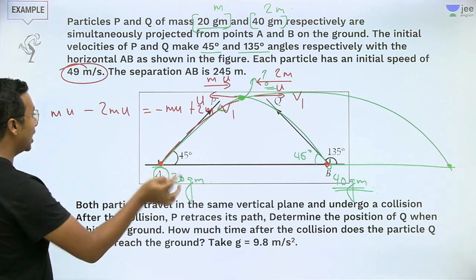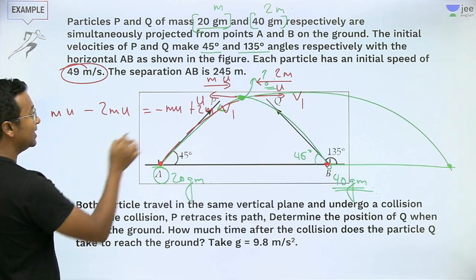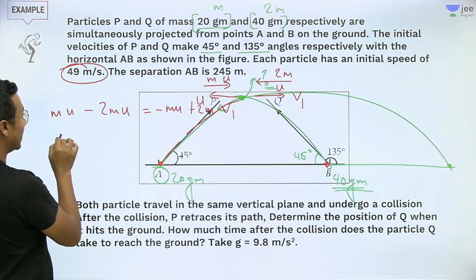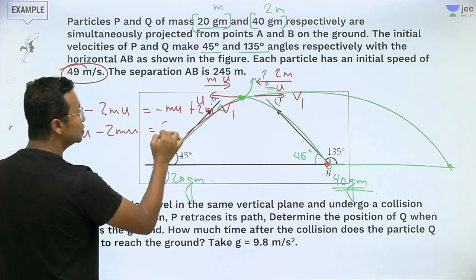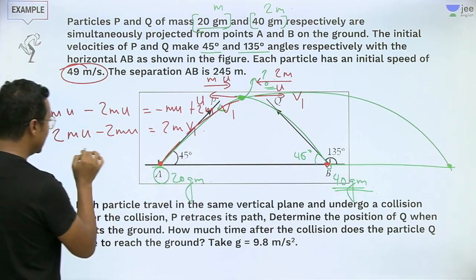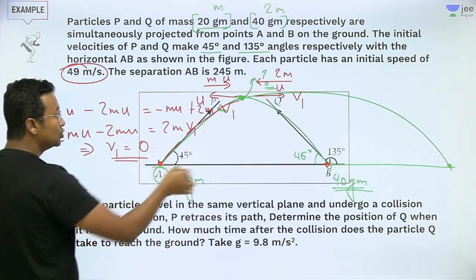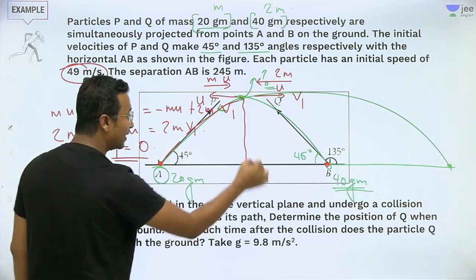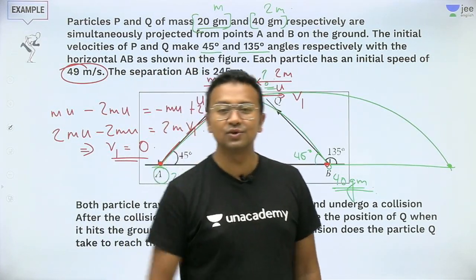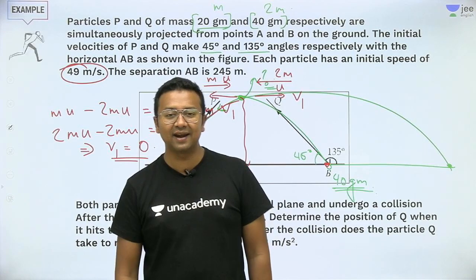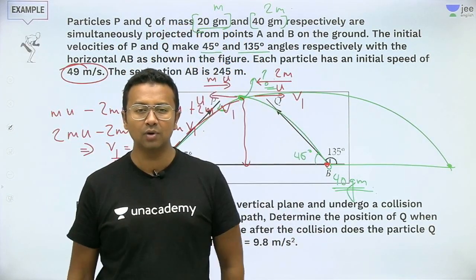Now you bring it to this side. So 2mu minus 2mu is equal to 2m into v1. So we see v1 is equal to 0. So basically this is going to drop right out here. That is the solution, and you can easily find out the range. Just at the highest point, the other particle is going to drop down out there.